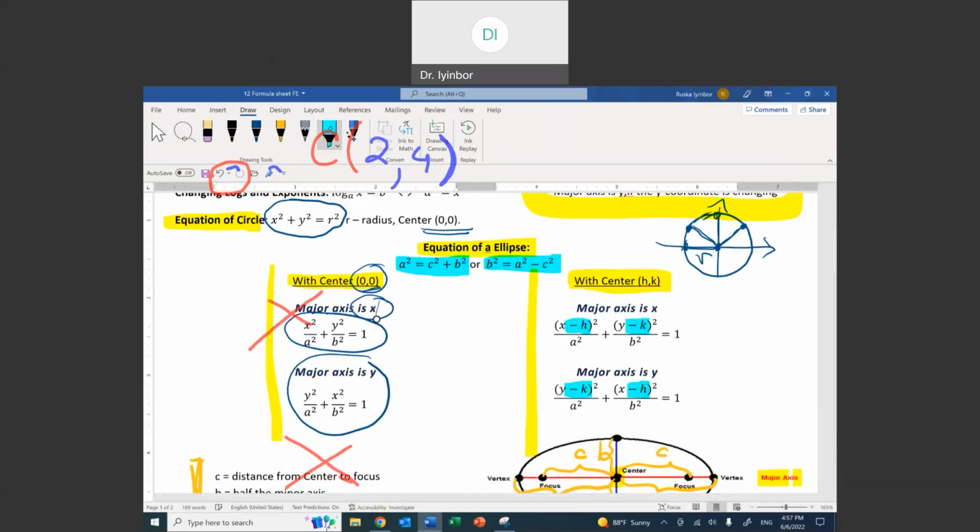So that minus between x and h tells you that you're going to switch the number. That's the same idea as when you find the vertex of a parabola. So you switch the opposite of this number, and the opposite of this number, and that's the center h and k. So that's how you find that.